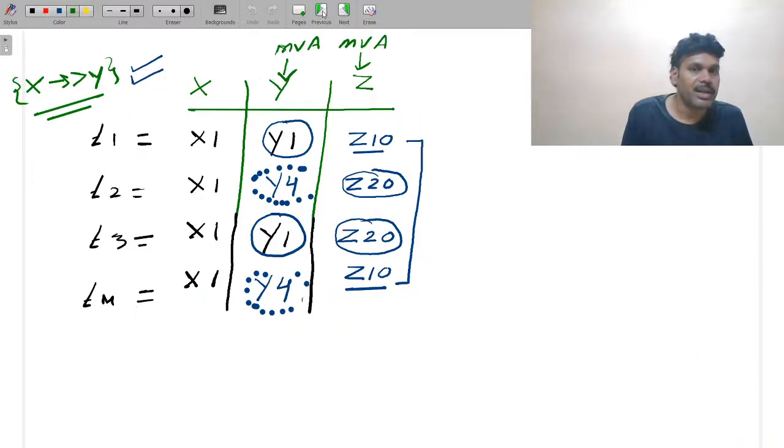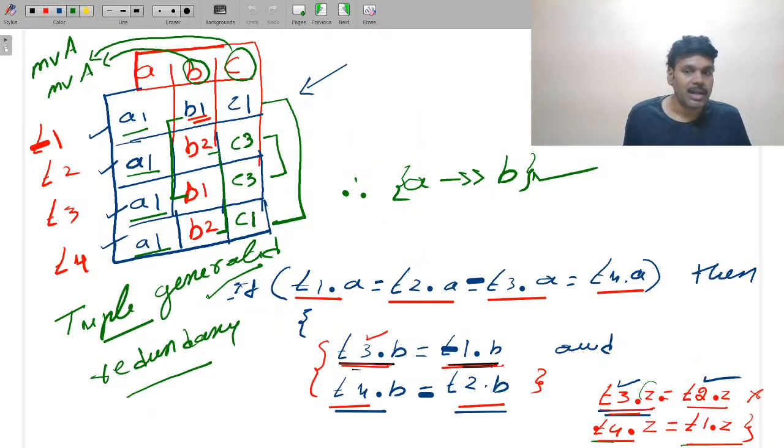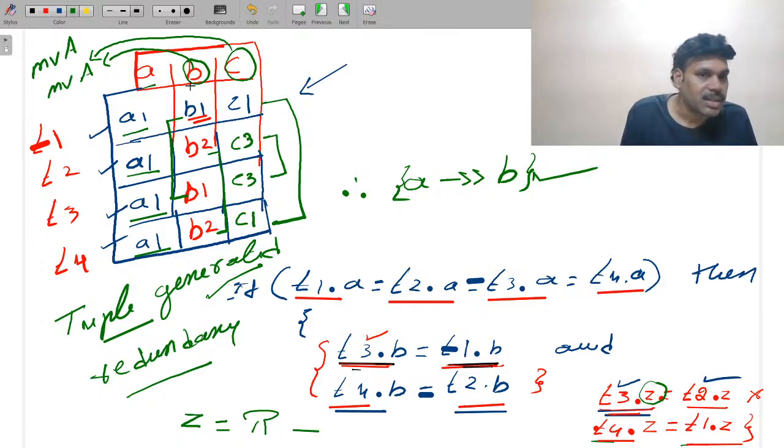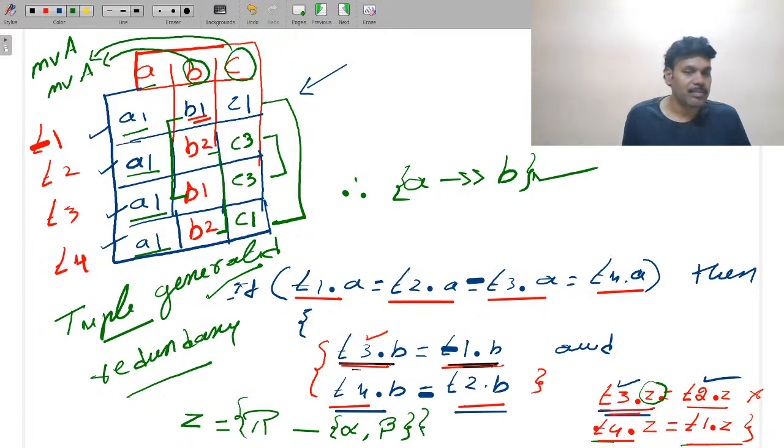I mentioned there is a Z. Let me give clarity here. Here Z is nothing but your R minus your first and second columns, that is your alpha and beta columns. That is your Z.